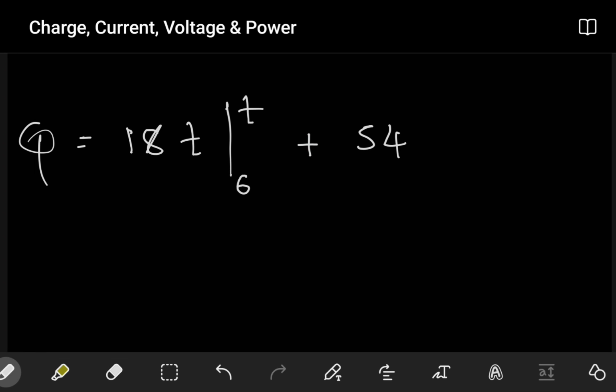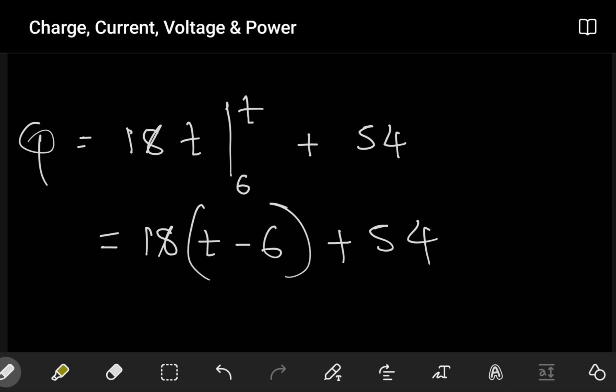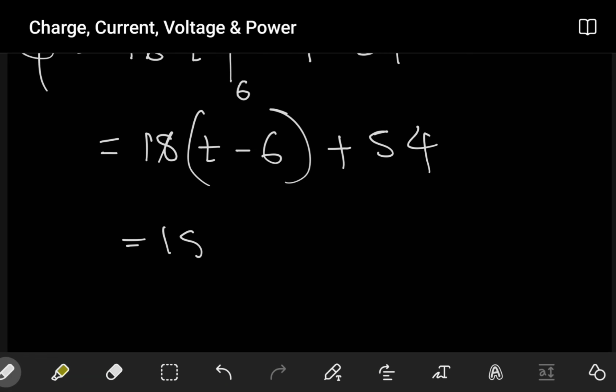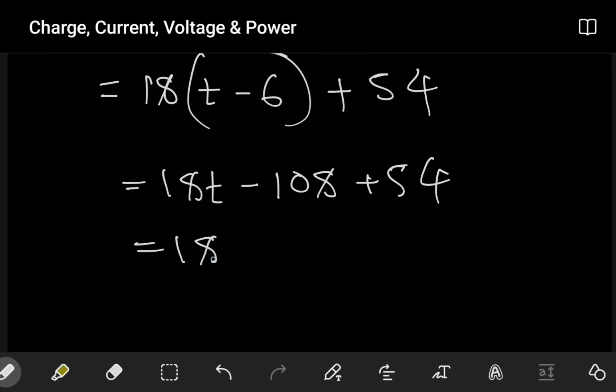When we substitute, this will be 18, and then the first one is when t equals t, so that is just t, minus when t equals 6, where there's t, I'll put a 6, then plus 54. From here, this becomes 18t minus 108 again, then plus 54. So this becomes 18t minus 54.